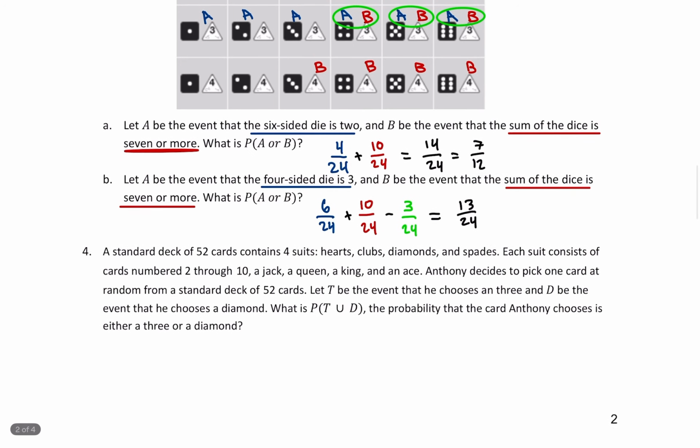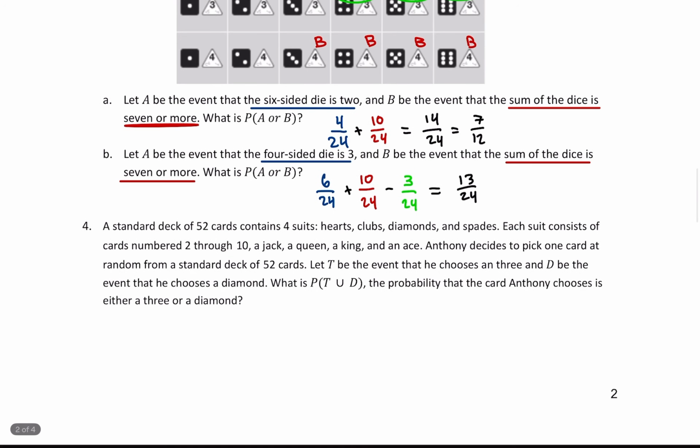Example 4 says a standard deck of 52 cards contains 4 suits. It's the hearts, the clubs, the diamonds, and the spades. Each suit consists of cards numbered 2 through 10, a jack, a queen, a king, and an ace. Okay, so it's just a standard deck of cards if you've ever played a card game like War.